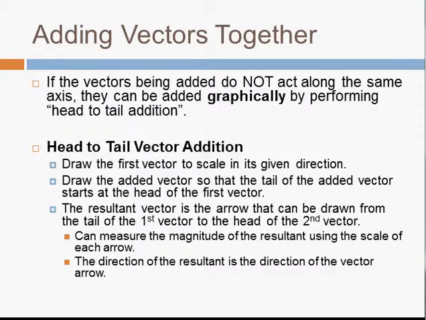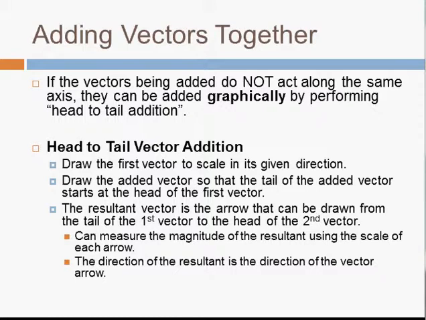Then you're going to take the vector you're adding, the second vector, and you're going to put it on your diagram so that the tail end of that vector starts at the head of the first vector. By head, I mean the part where it's actually the arrow. So you draw that second vector starting at the head of the first vector. Make sure you keep that same scale and direction.